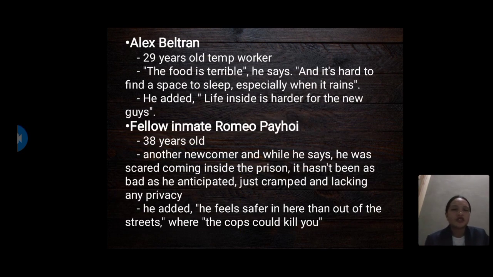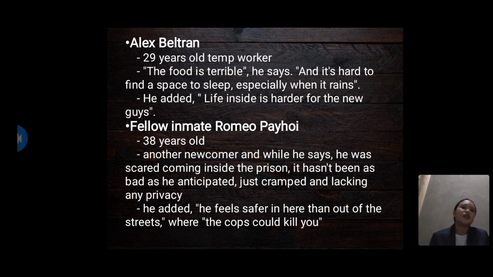Beltran, a 29-year-old temp worker in Quezon City Jail. This is one of his experiences inside the correction. He said that the food is terrible and it's hard to find a space to sleep, especially when it rains.